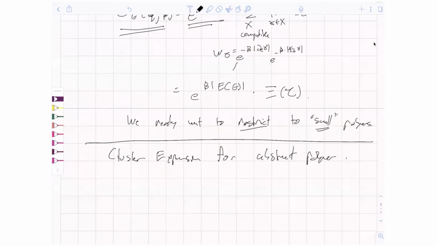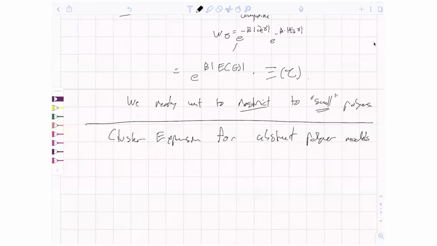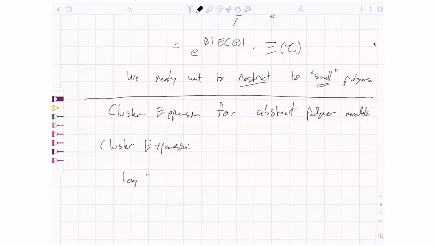Okay, so the next thing that we'll do is we'll just see that this cluster expansion that we defined before fits perfectly with this setup. The way to think of this is that the abstract polymer model is literally just a multivariate hardcore model. And so the cluster expansion is nice again. It's the series: log of the polymer model partition function equals a sum over clusters of the Ursell function of this incompatibility graph, times the product over gamma in the cluster of weight gamma.